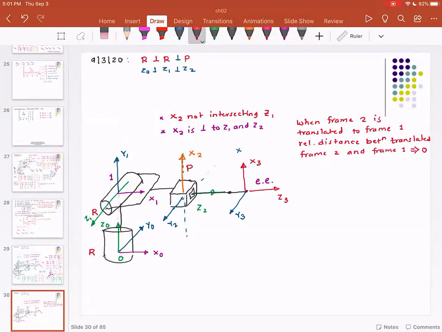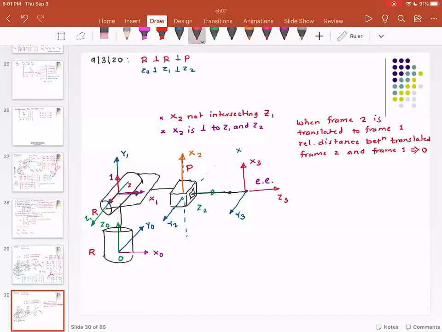What that means is, if I want to draw the homogeneous transformation, and this is a super critical part, I want you to be very, very aware of this. For practical purposes, to solve this problem, you should consider that frame 2 is aligned with frame 1.